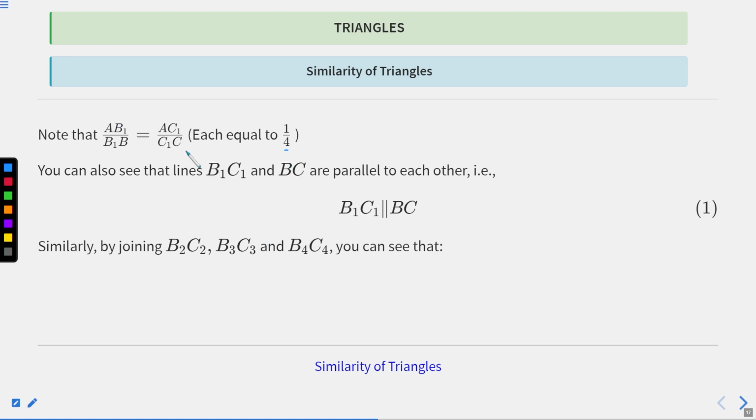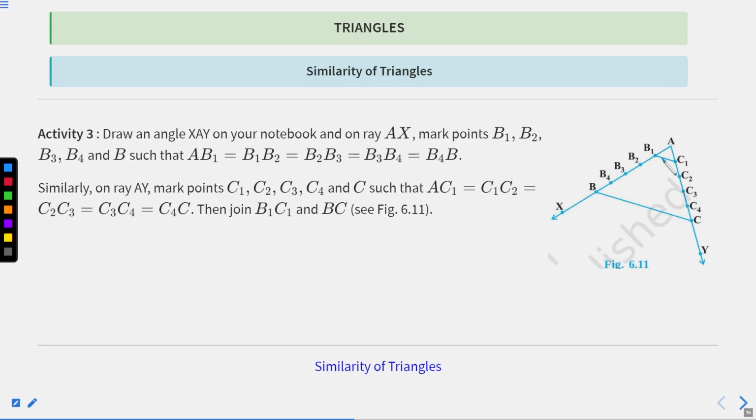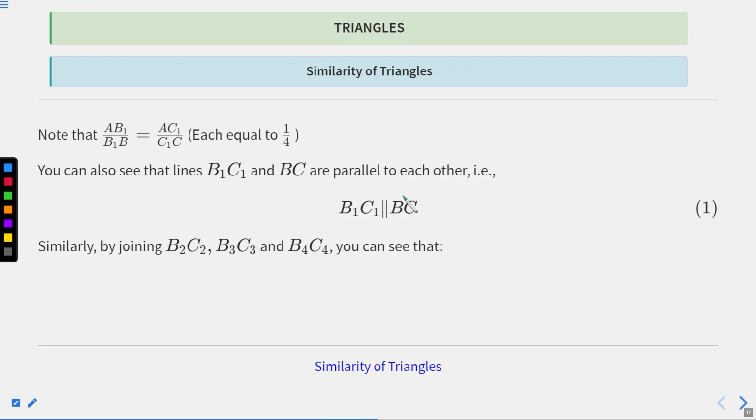That is why AB1 by B1B equals AC1 by C1C. And you can also see that the lines B1C1 and BC are parallel to each other.